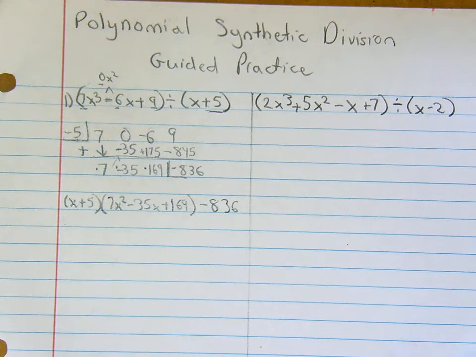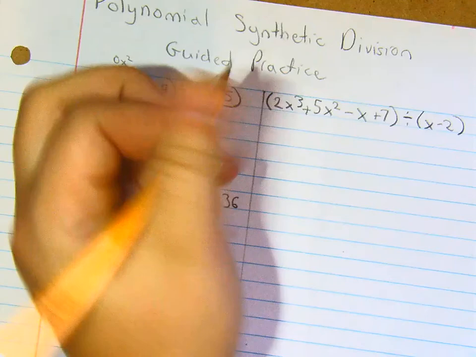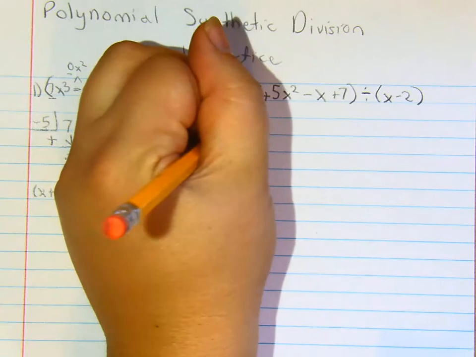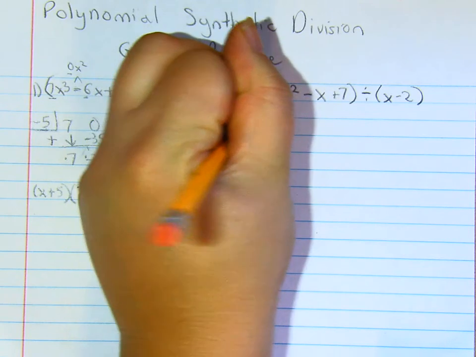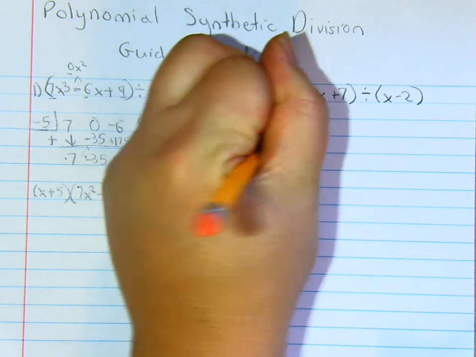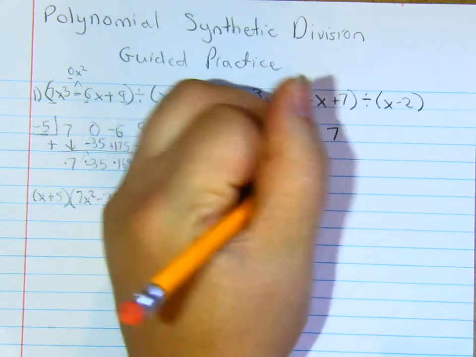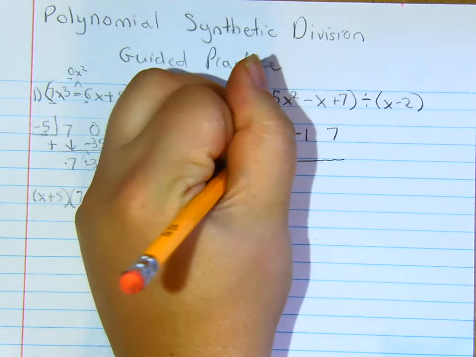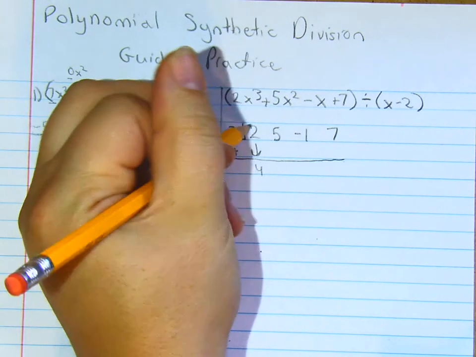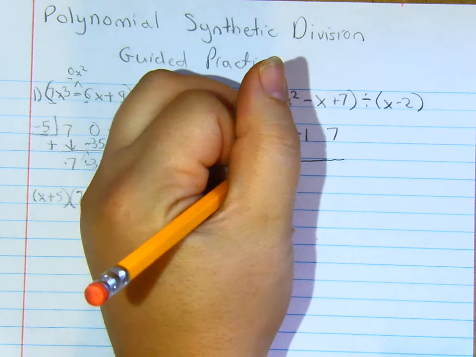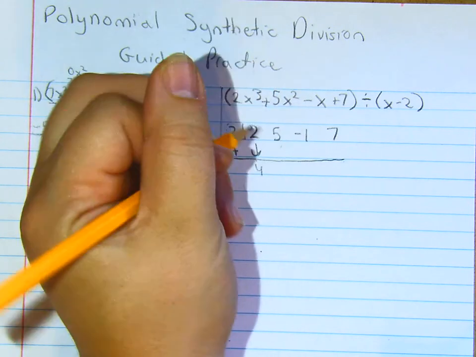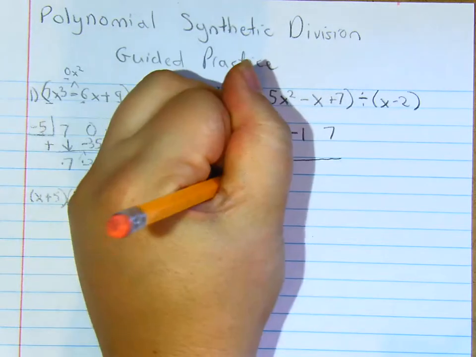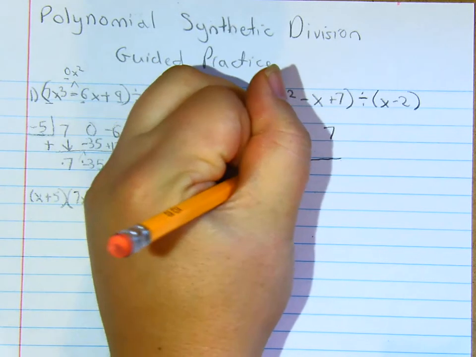So on yours, let's look at yours, see if you did yours correctly. Bring down, multiply. Oops, I was already doing my multiplication on that one. Bring down, then multiply.